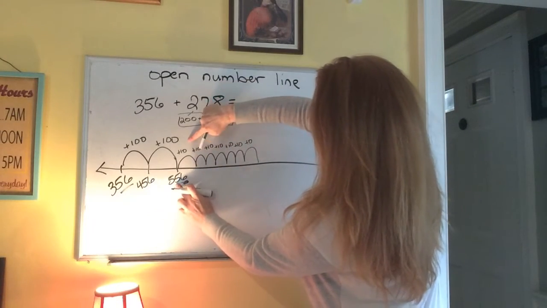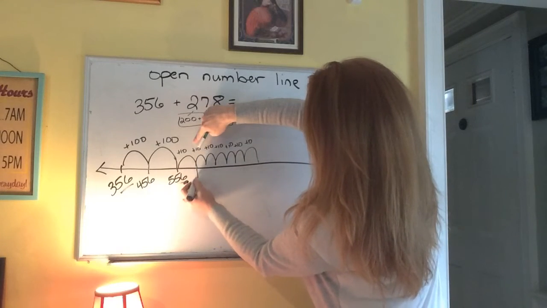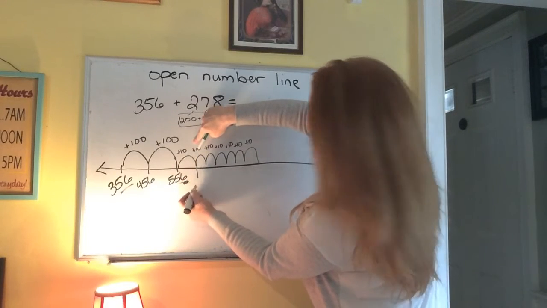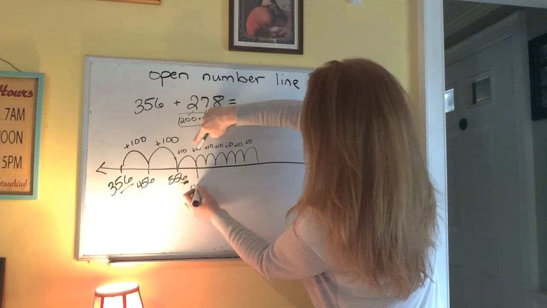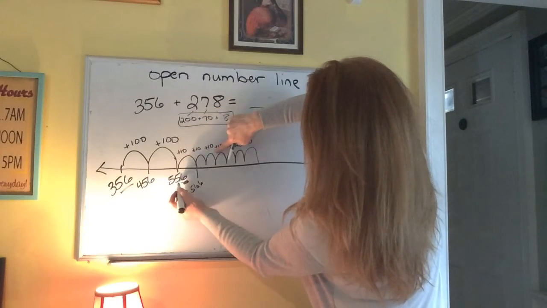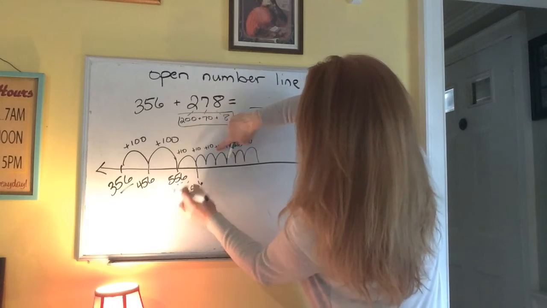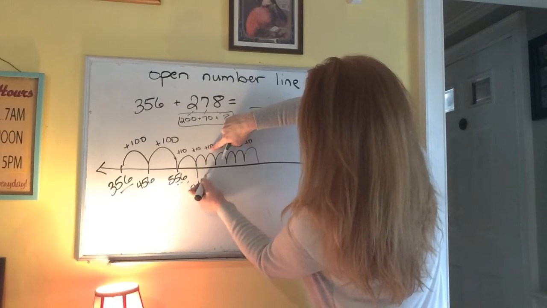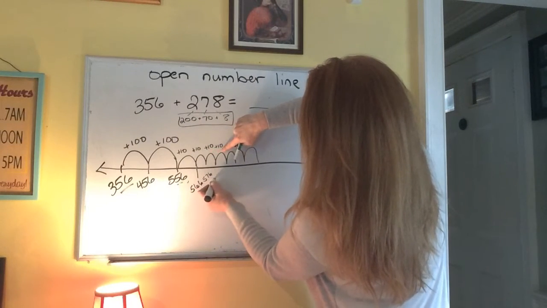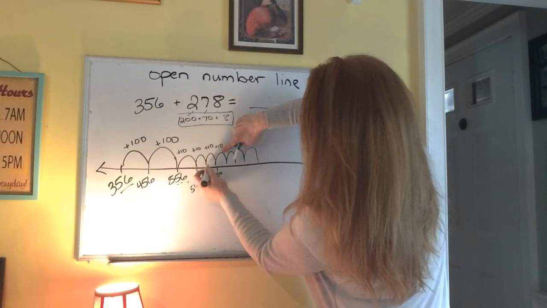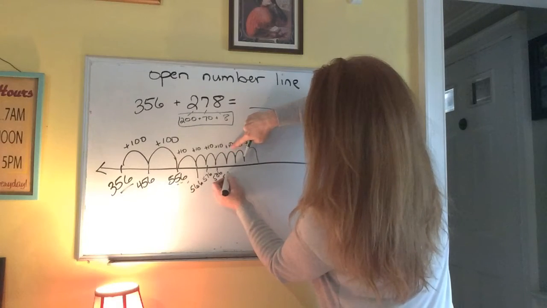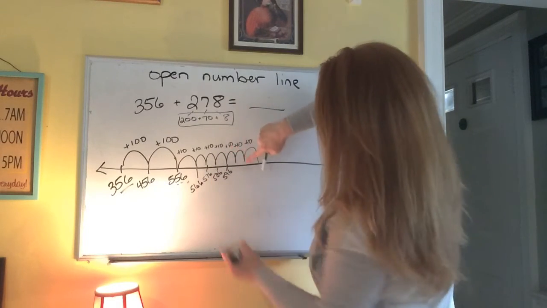We're going to add 556 plus 10. 566. That tens place in the middle is moving. Plus another 10, 576. Another 10, 586. Another 10, 596.